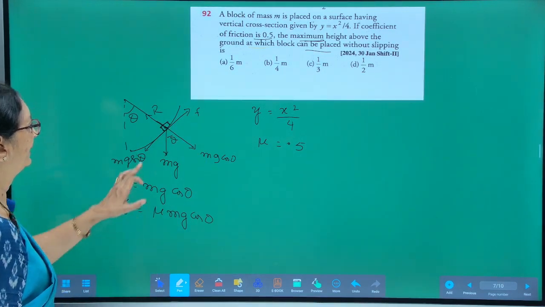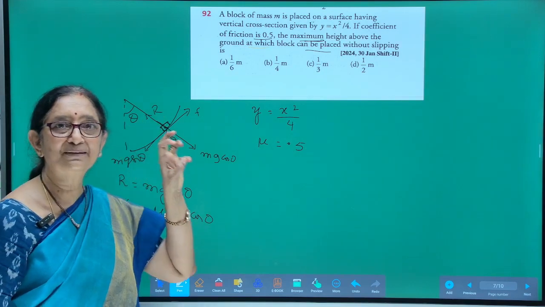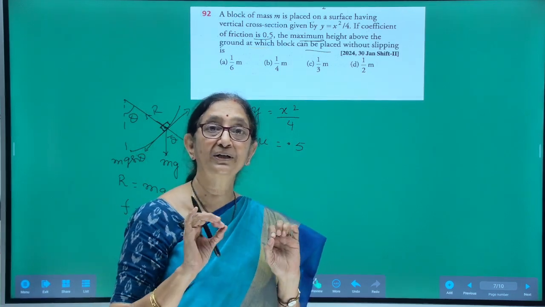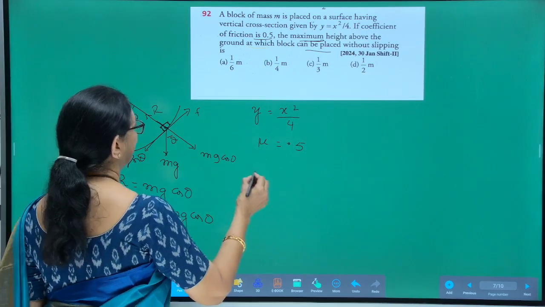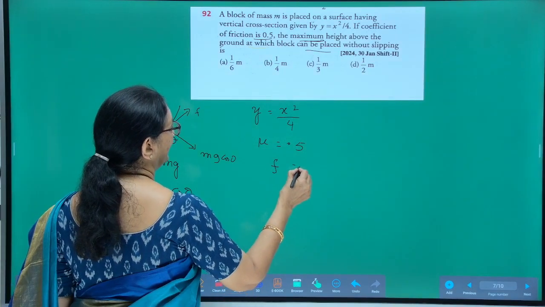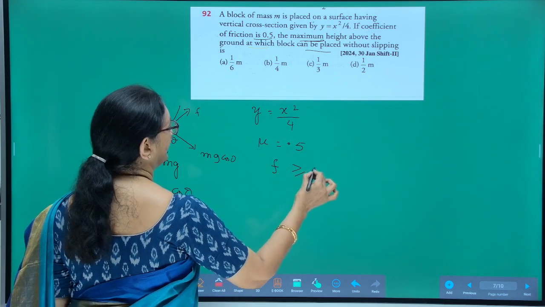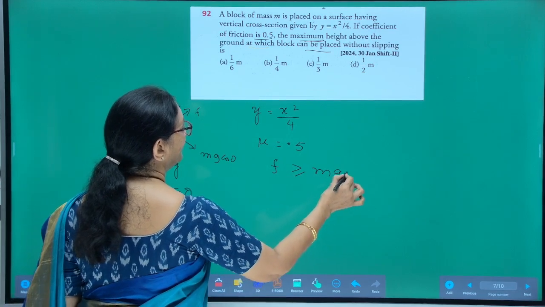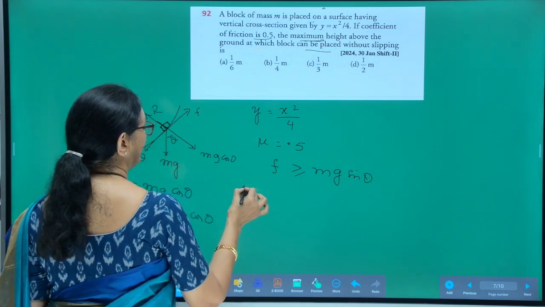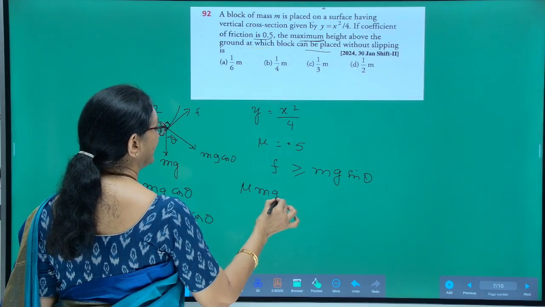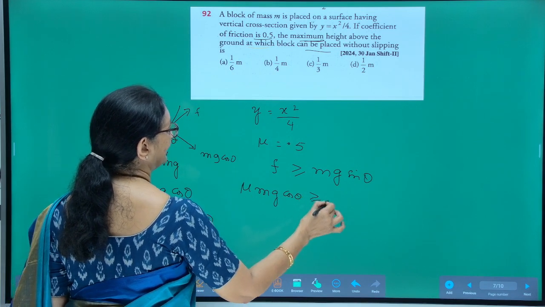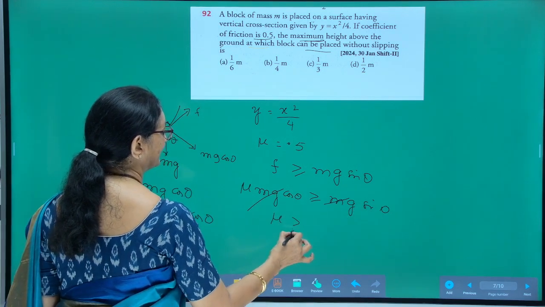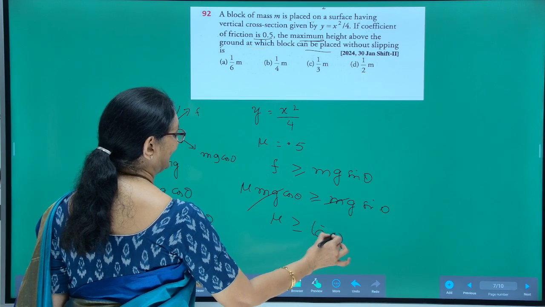So here the block can go to that maximum height, or the block doesn't slide, if friction could balance mg sin theta. So the possible friction must at least be greater than or equal to mg sin theta, and friction is mu mg cos theta, that is greater than or equal to mg sin theta, from which mu is greater than or equal to tan theta.